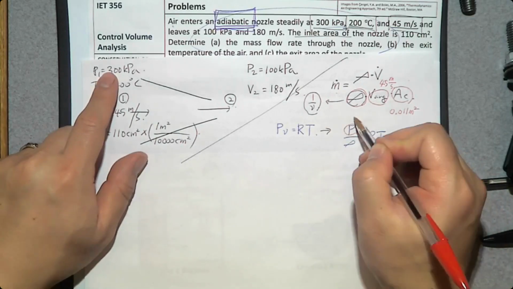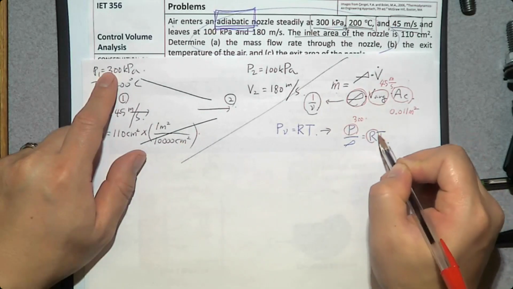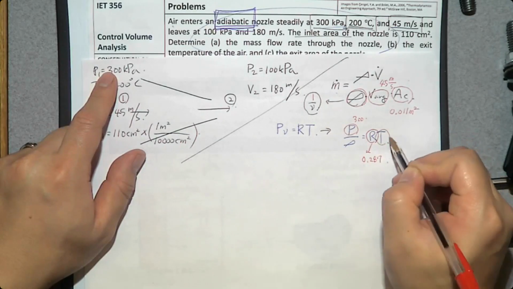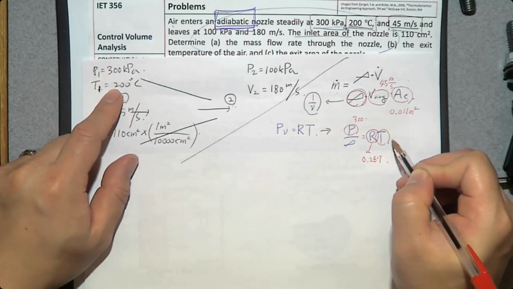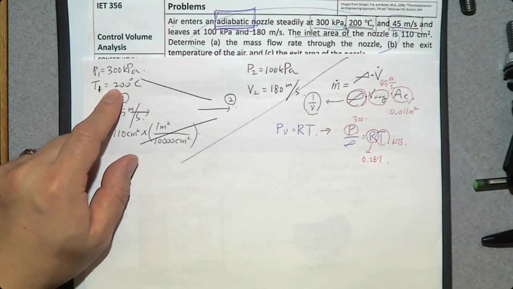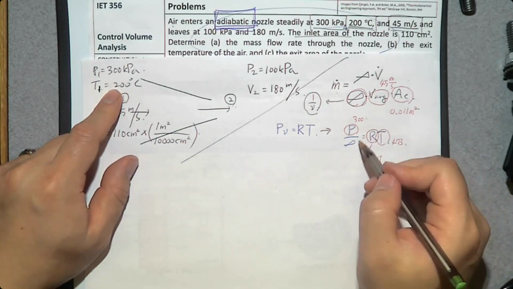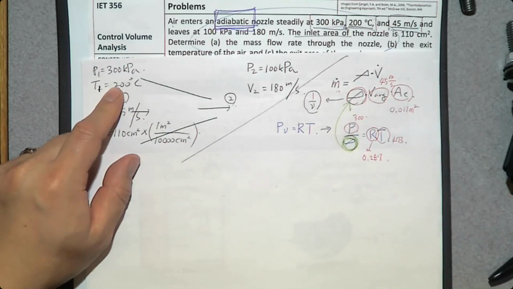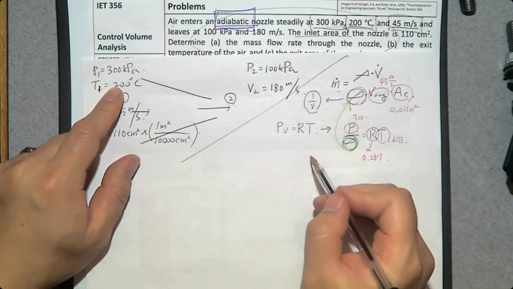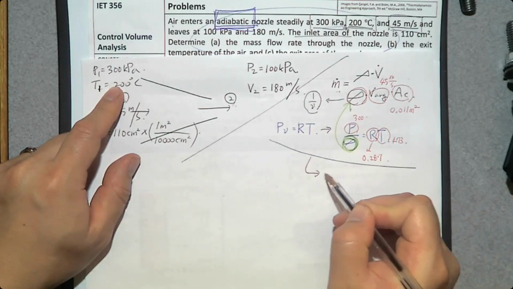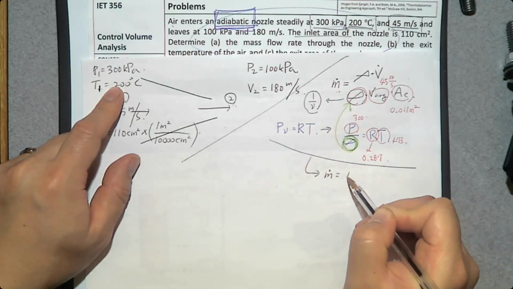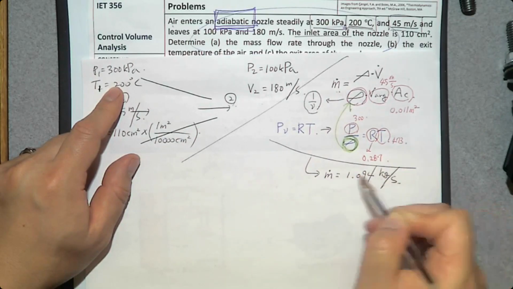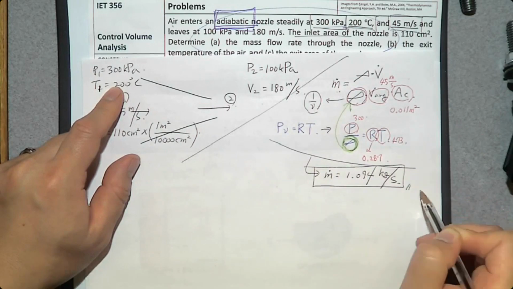What is the pressure? 300. What is the gas constant? 0.287. Temperature is 200, in Kelvin 473. So from here you can determine the density, which goes up here to determine the mass flow rate. If you do, you can find m dot is 1.094 kilograms per second. So that's what we did last week.